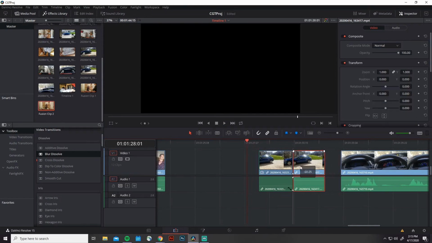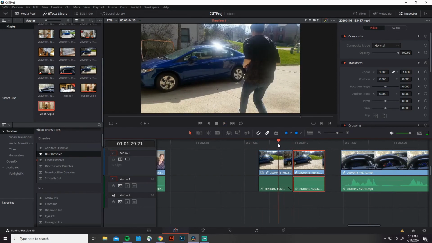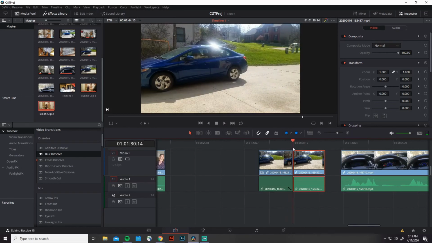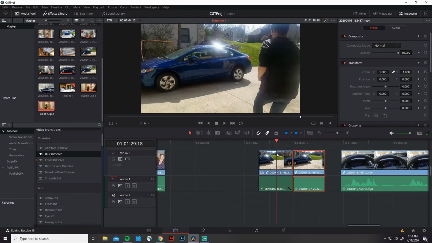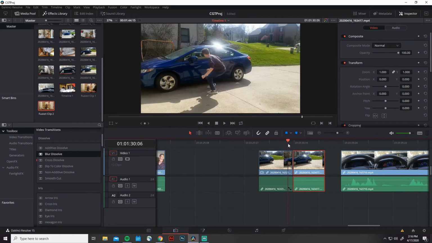Another problem I had: make sure there's no people in your background when you're doing this kind of stuff. Because another issue I had with the car scene was there were actually two people walking in my neighborhood. They were walking in one part of the scene and then they weren't there in the other part of the scene, so it looked really weird.